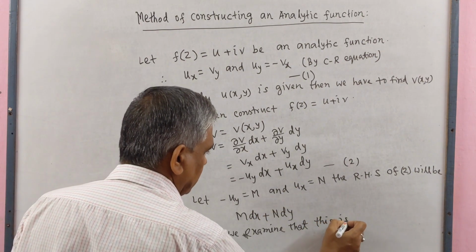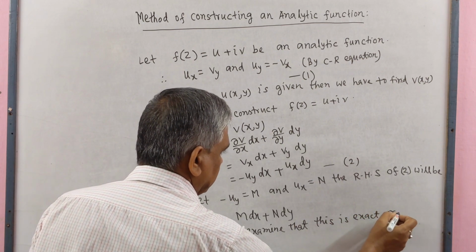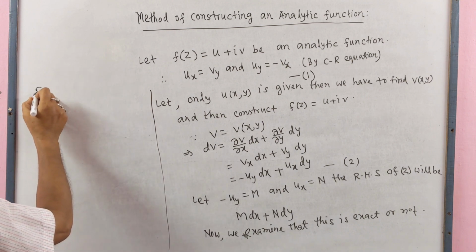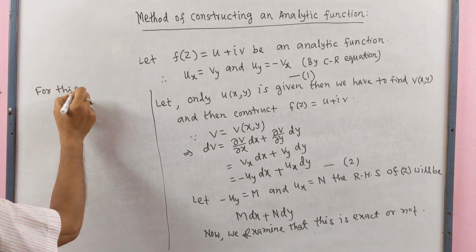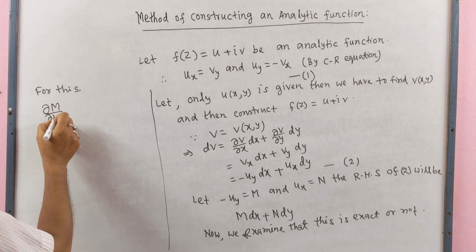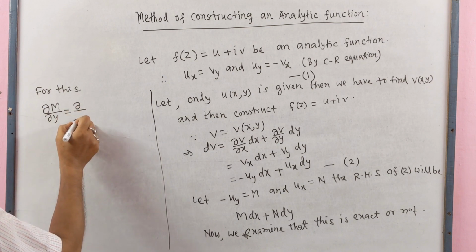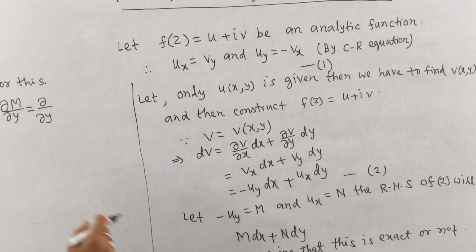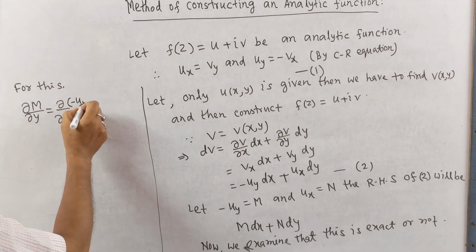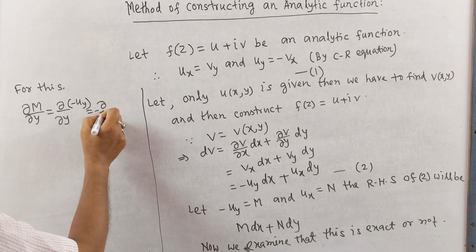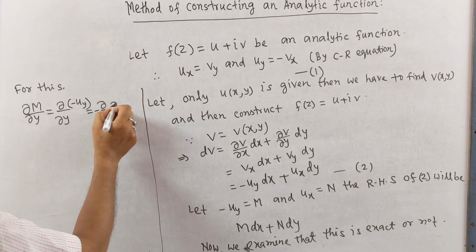Now we examine whether this is an exact differential or not. For this, ∂m/∂y = ∂/∂y of (-uy), that is -∂/∂y(∂u/∂y).